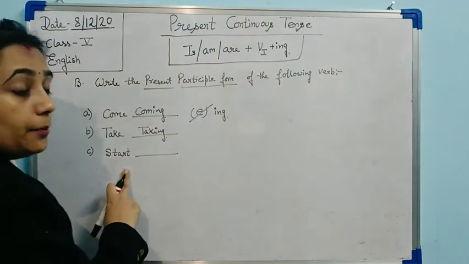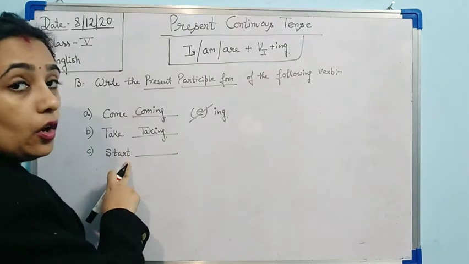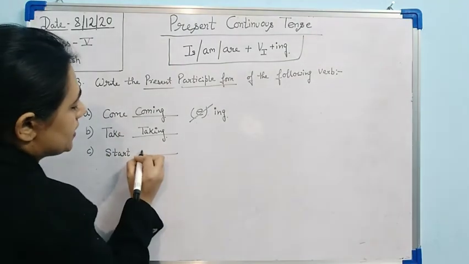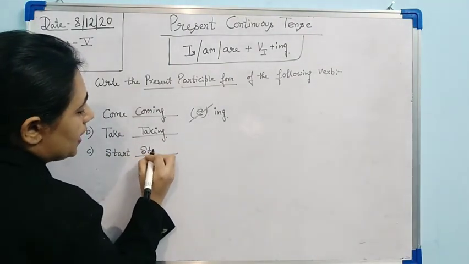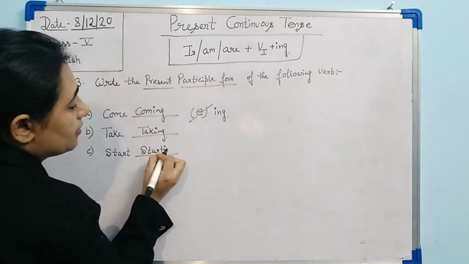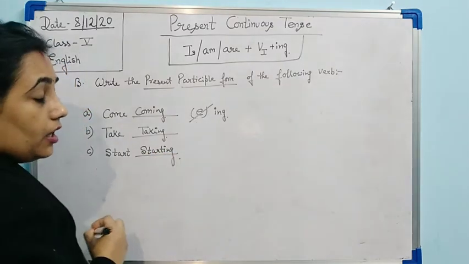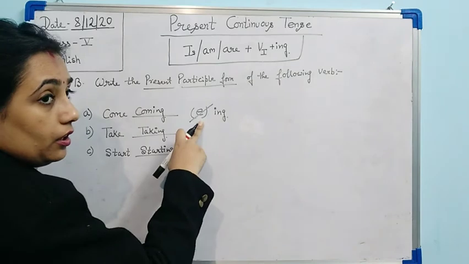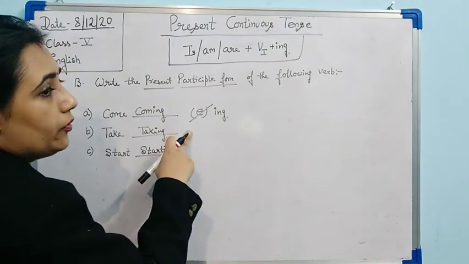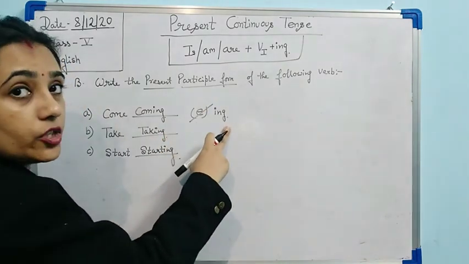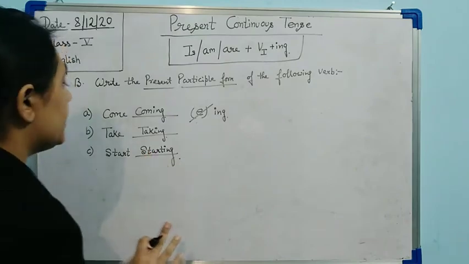When the verb is ending on a consonant, then we will just add ing. Starting. But when it ends on a vowel, we will remove that vowel and then add ing to the base form. Clear?